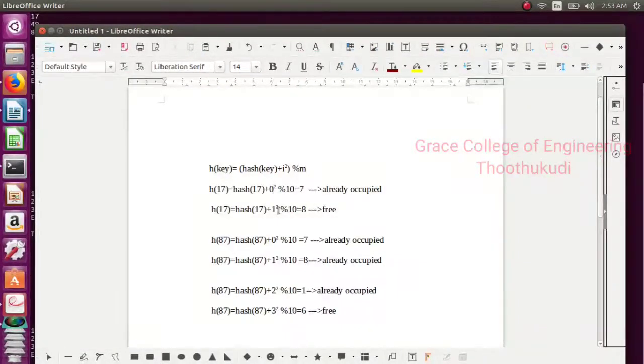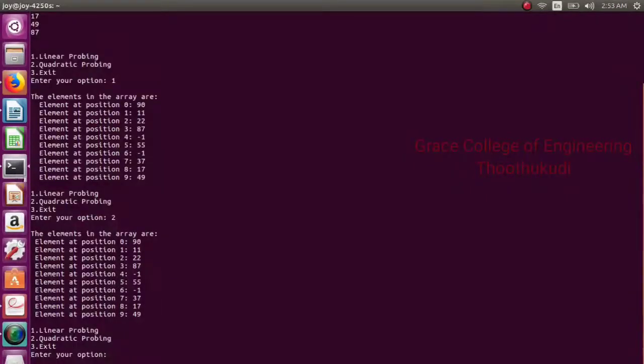The 8th location is free, so the element 17 is placed at the 8th location.